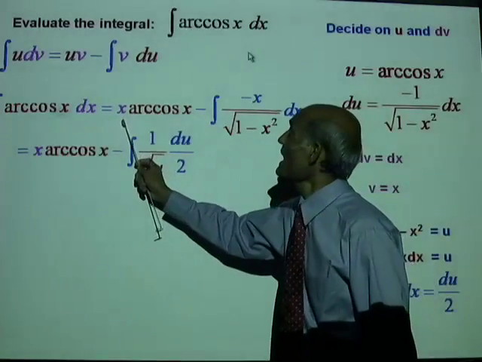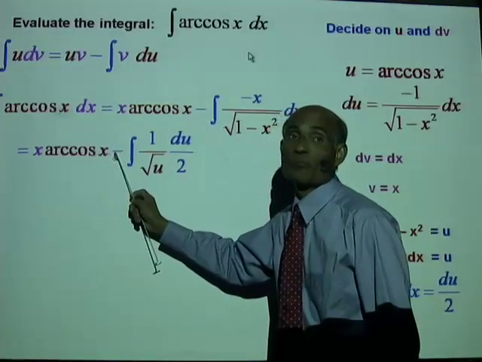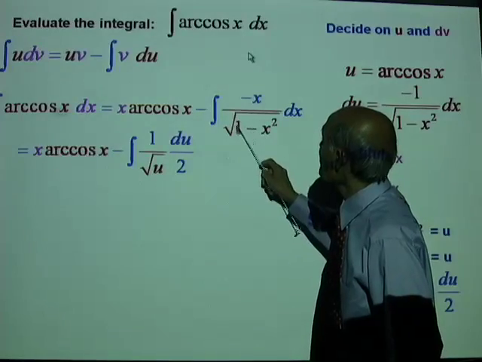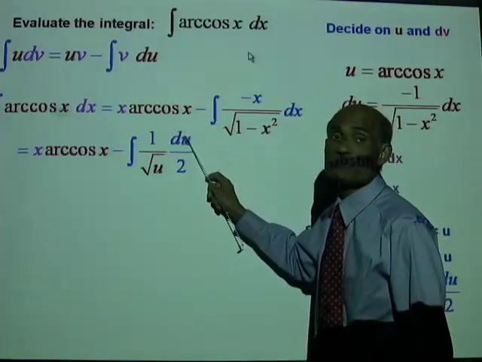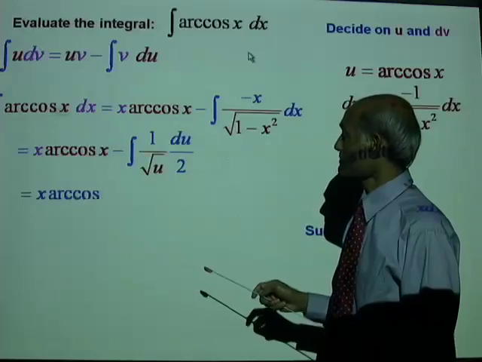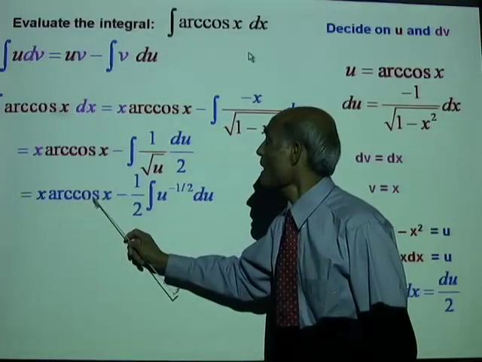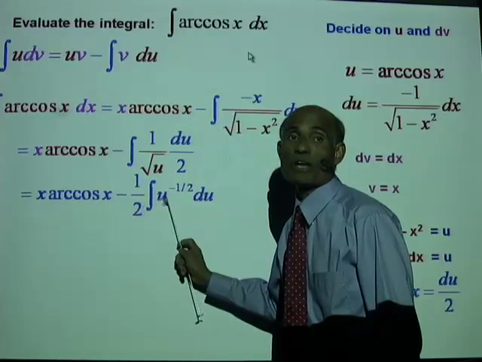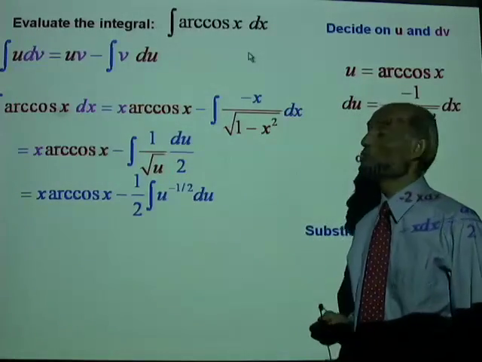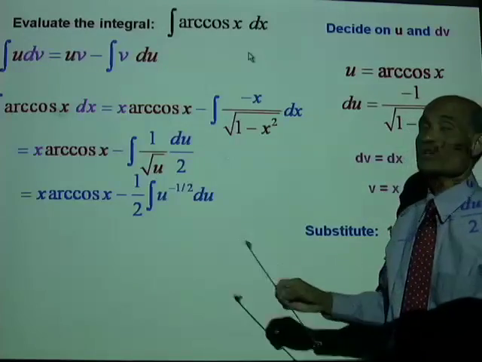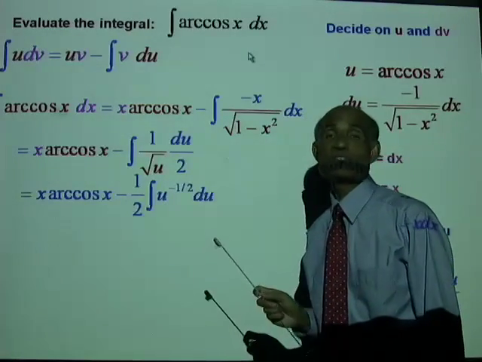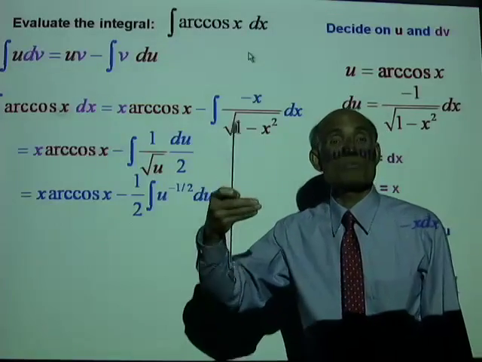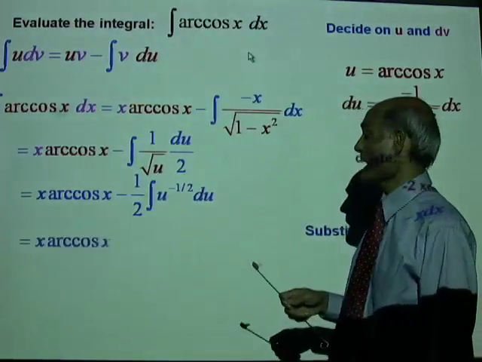So that becomes x arc cos x minus integral 1 over square root u, negative x dx becomes du over 2. That will be x arc cos x minus this 1/2 comes out, 1/2 times integral u to the power of negative 1/2 du. And of course, integral u to the power of negative 1/2 is u to the power of 1/2 divided by 1/2.